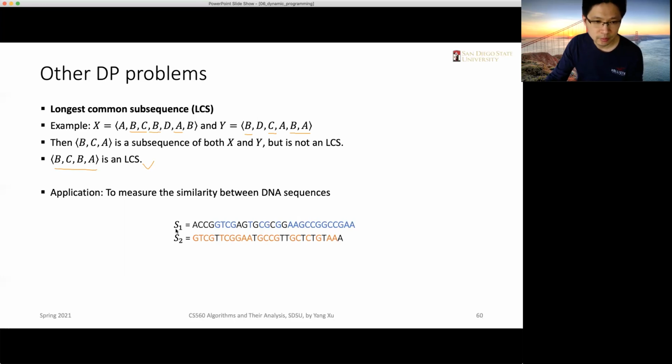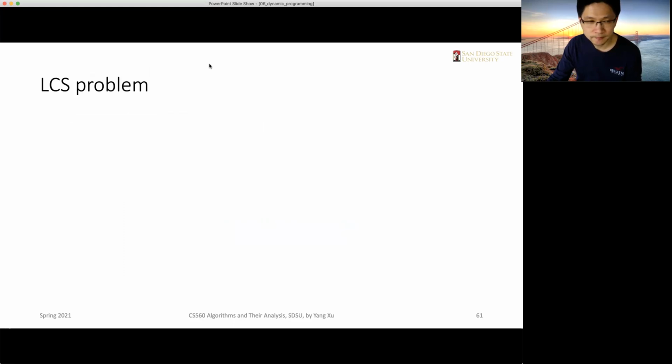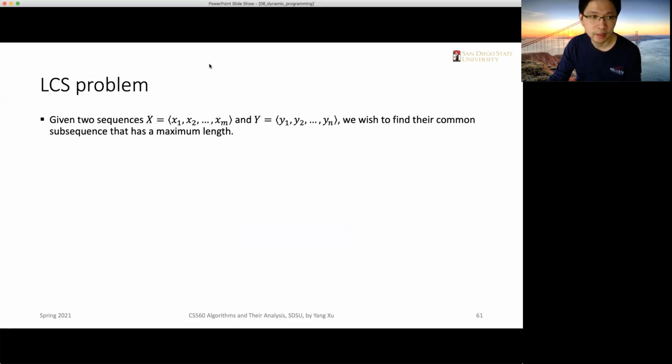So for example, in these two sequences, the common subsequences are highlighted in different colors here. So the problem is very straightforward. Given two sequences, X and Y, we wish to find their common subsequence that has a maximum length.